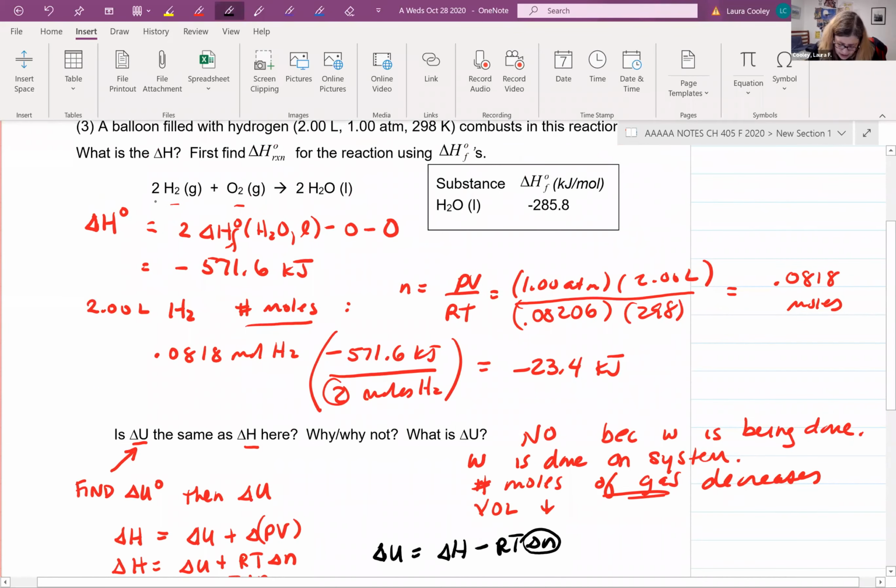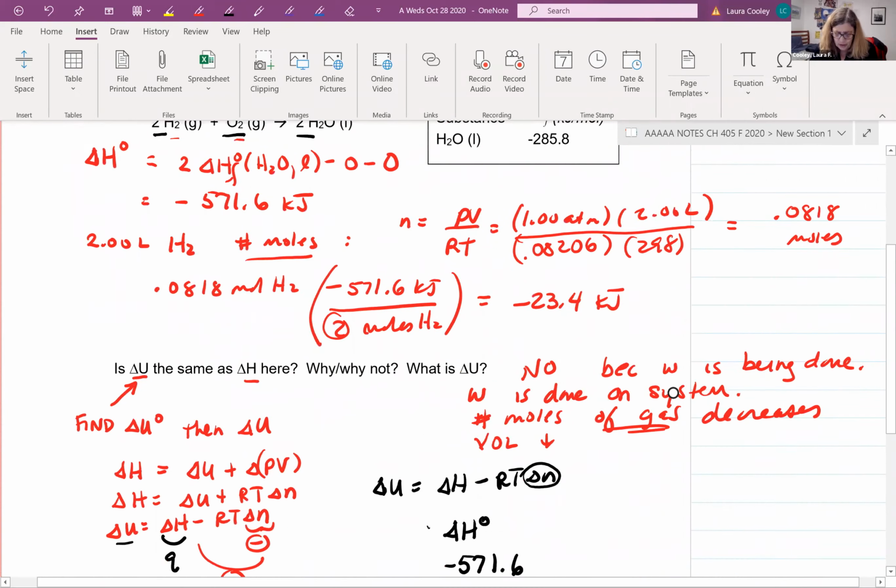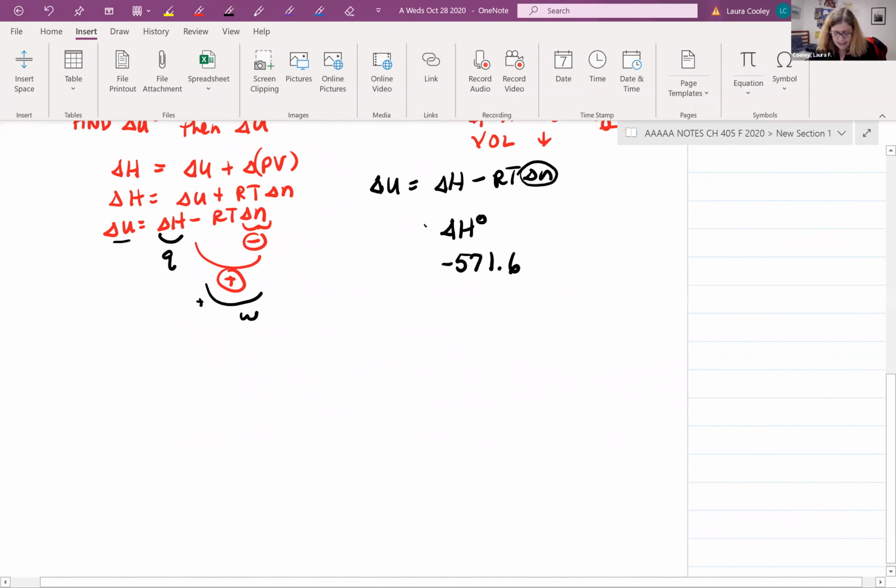As written, it has 2 moles of H2 and 1 mole of O2 going to 2 moles of water, but it loses 3 moles of gas. So delta N for that equation happening is negative 3. So this is going to be negative 571.6 minus 8.314 times 10 to the negative 3, times 298, times negative 3.